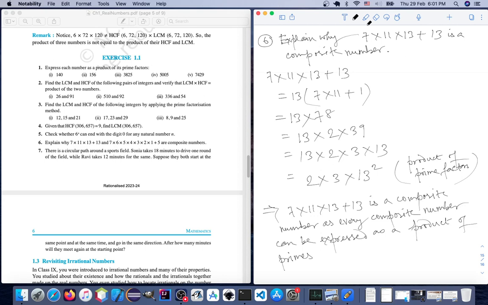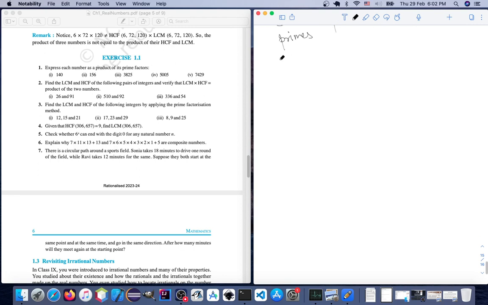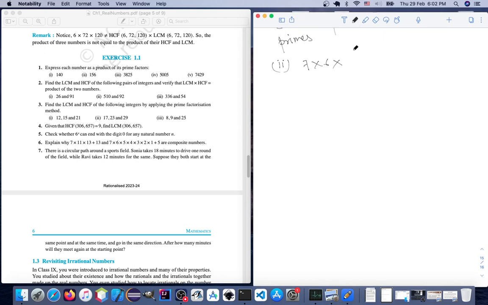This was part 1. Part 2: we have to prove that the number 7 into 6 into 5 into 4 into 3 into 2 into 1 plus 5 is a composite number.